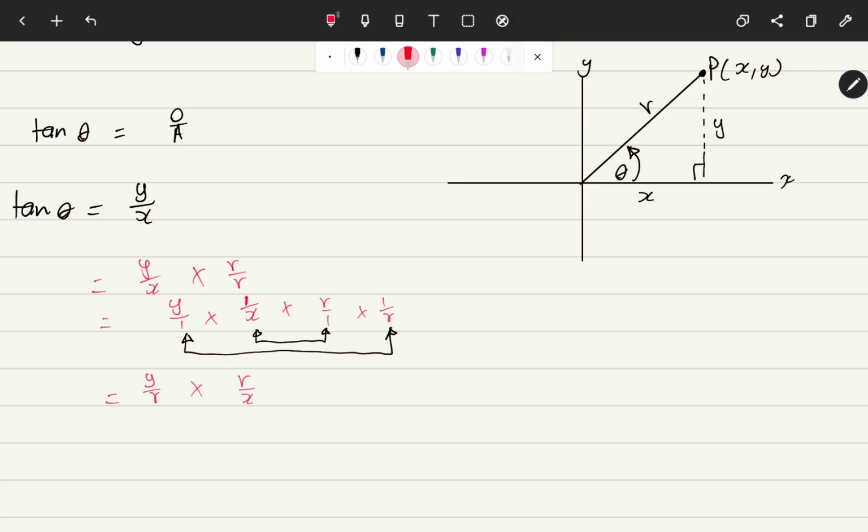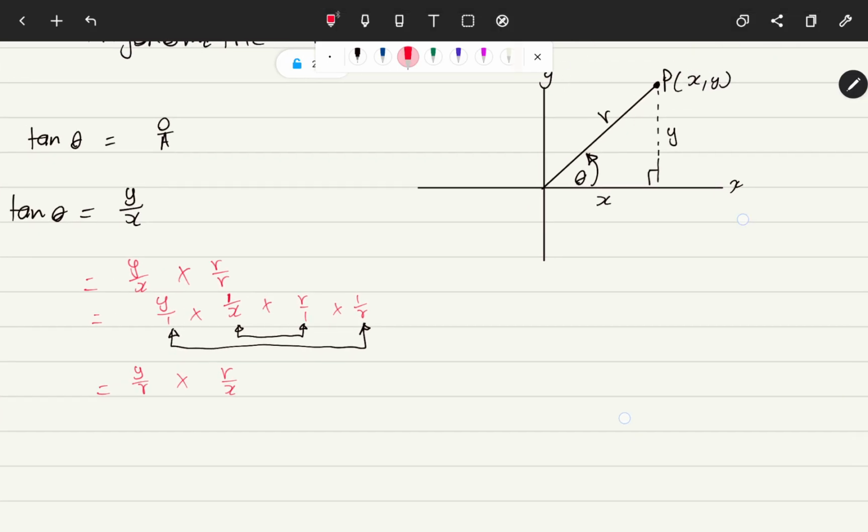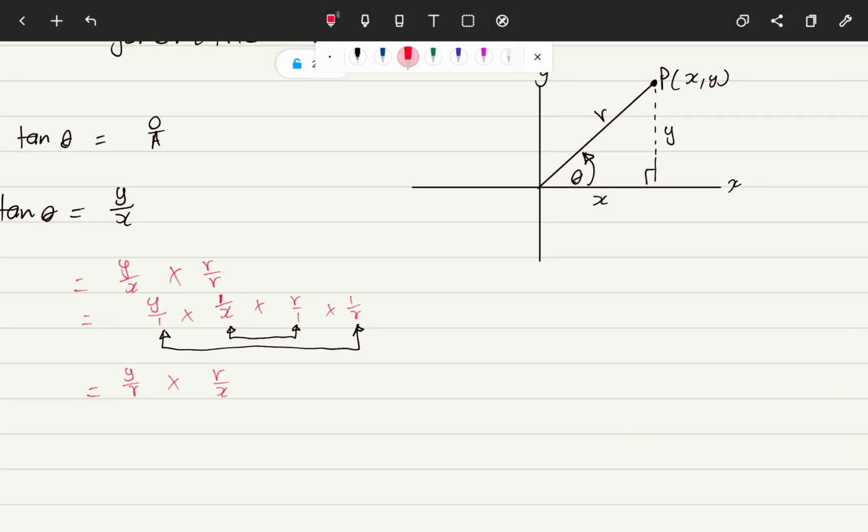There's something cool when we are multiplying, and maybe it has a name, I don't know. If you have a over b divided by c over d, the next step is a over b multiplied by d over c. We change the division into multiplication, and the numerator becomes the denominator and the denominator becomes the numerator.